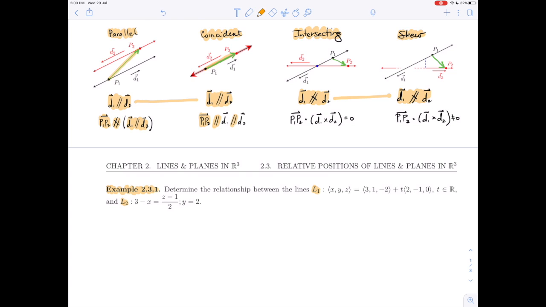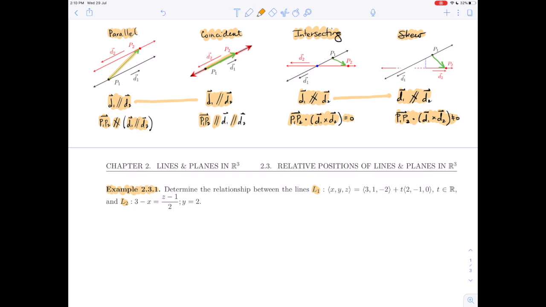The vector P1P2 was useful to test for coplanarity with the triple scalar product. P1P2 dotted with d1 cross d2 equaling 0 meant the vector, and hence the lines, were coplanar. That was the case for intersecting lines, and P1P2 dotted with d1 cross d2 was non-zero for skew lines.